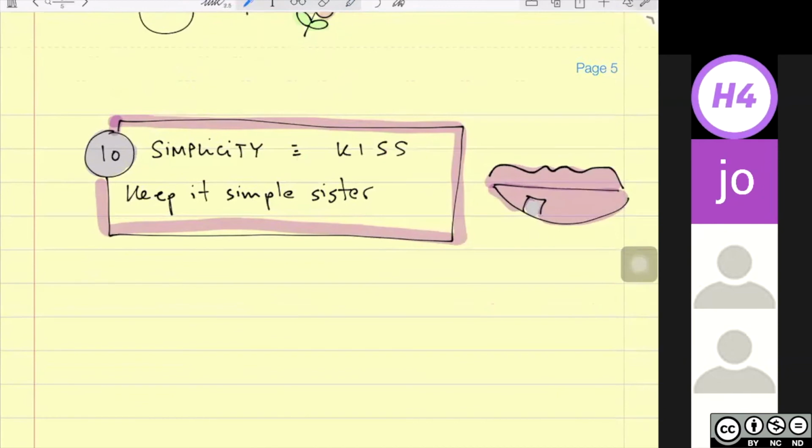Number 11, self-organizing teams are most likely to develop the best architectures. So the principle of self-organization.